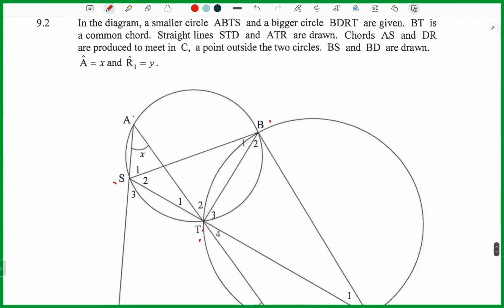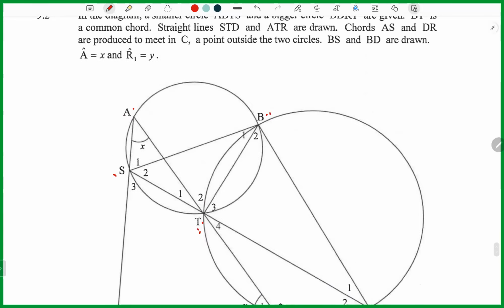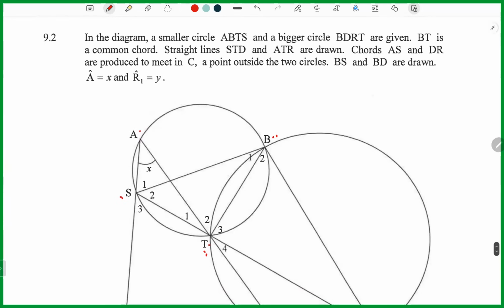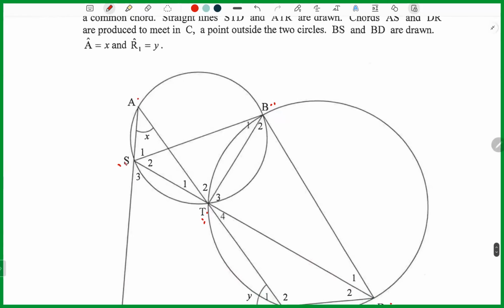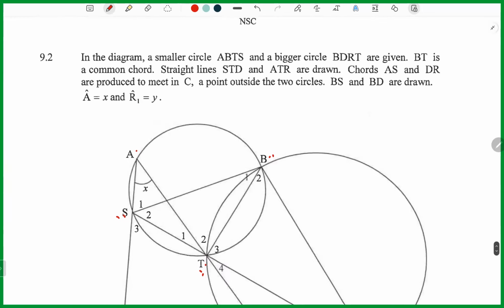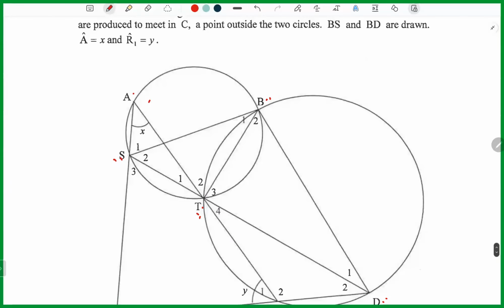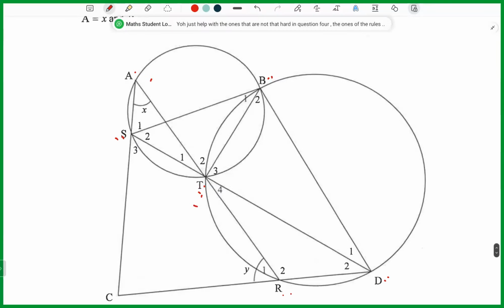BT is a common chord. Straight lines STD and ATR are drawn.